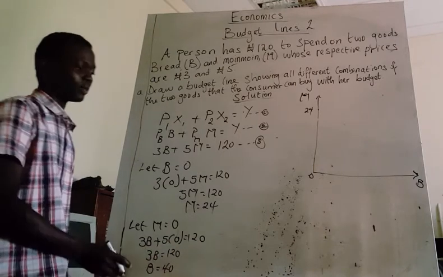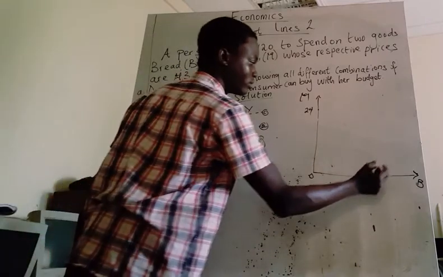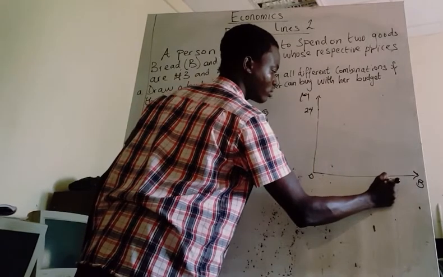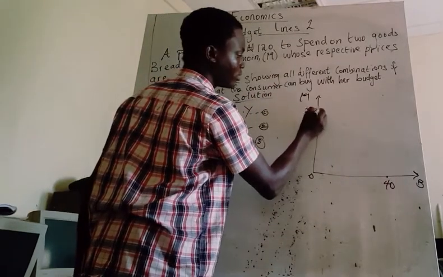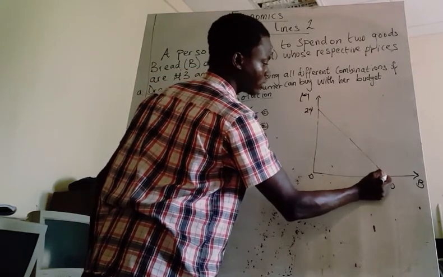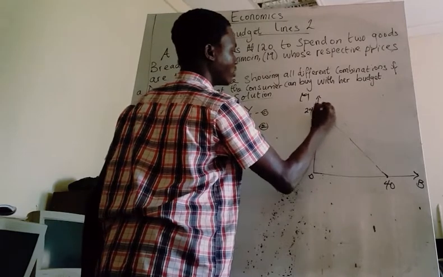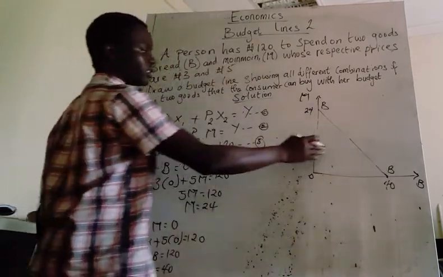So if this consumer decides to spend all of his income on bread, we'll be having 40 bread. Alright, so we just draw this budget line this way. Okay, good.